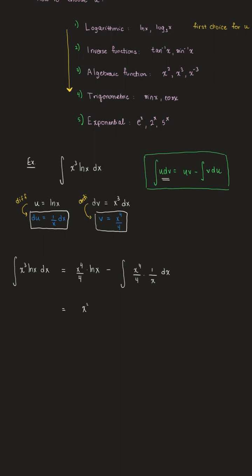We have x to the 4 over 4. There's our uv times the natural log of x minus, I'm going to pull out the constant of 1/4. That 4 in the denominator is 1/4. Integral of, well, x cubed divided by x. We can cancel out one of the x's and we'll have x to the 4th divided by x is x to the 3rd dx.